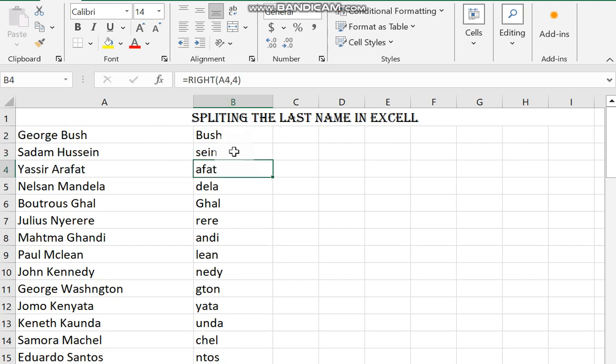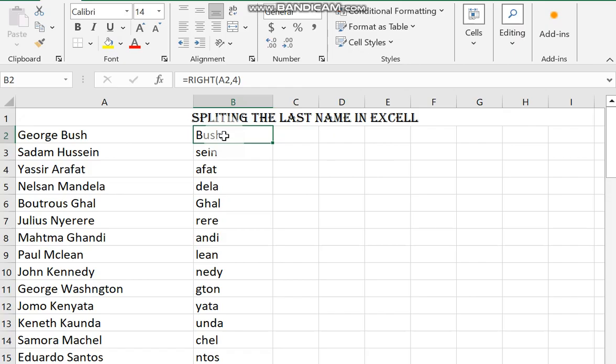Bearing in mind that each name has a certain number of characters different from other names. Sometimes some of the names might have the same number of characters, but it's not something universal or uniform in all cases.